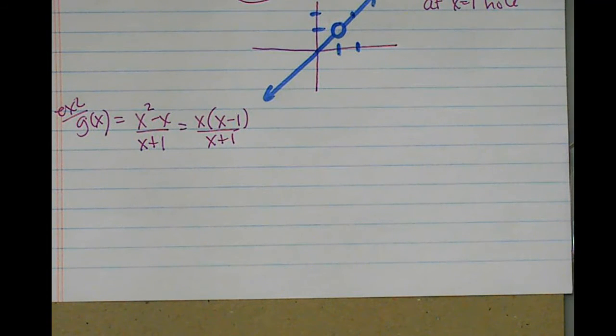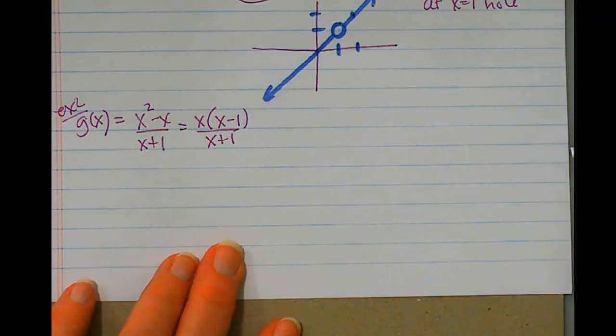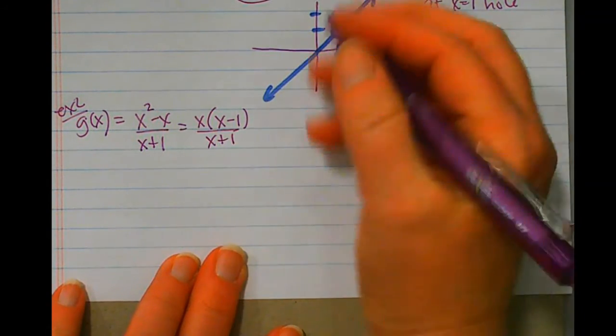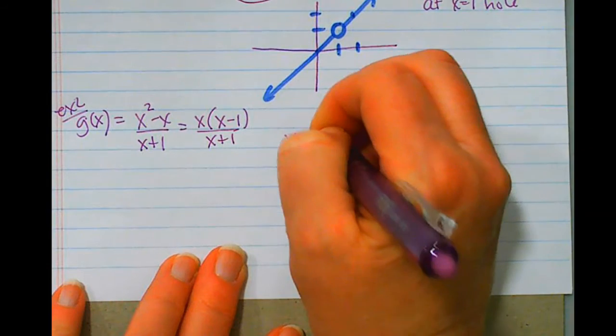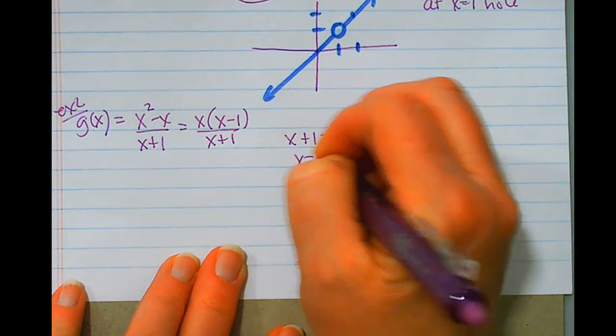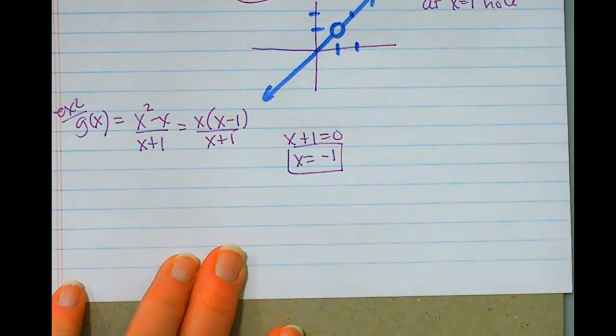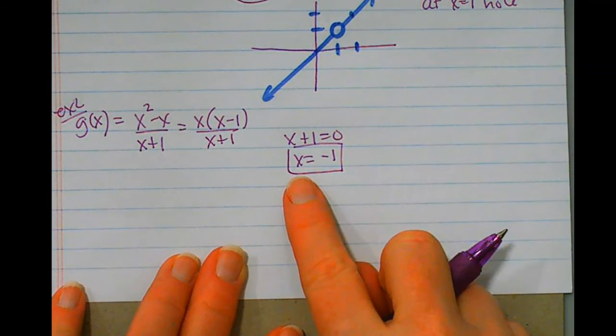We want to start with the vertical asymptote because this time nothing cancels. I don't have any holes. So always start with the denominator. This is going to be x plus 1 equals 0, x equals -1. And if you solve it like that, you get the entire equation, including the x equals part.